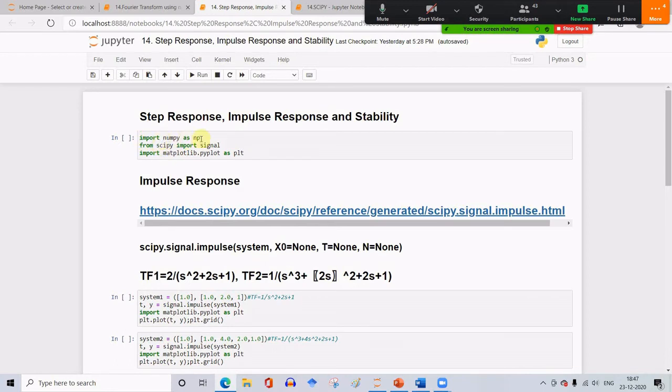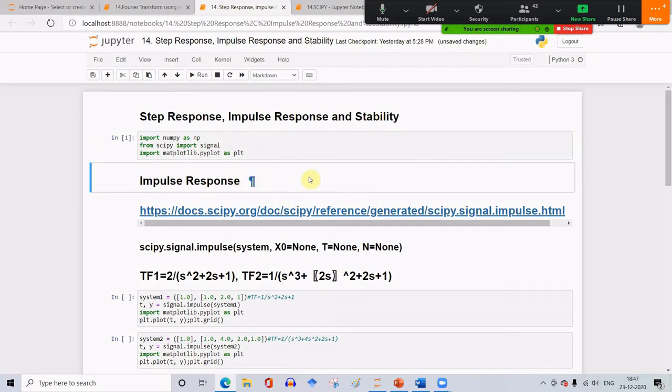So importing NumPy as np, and from SciPy I'm importing the subpackage signal, because I want to make use of the step response, impulse response functionalities which are available in the subpackage signal. From scipy import signal. Okay, so let me run that cell.